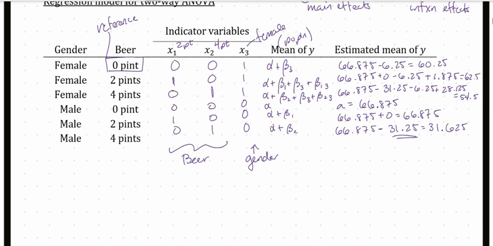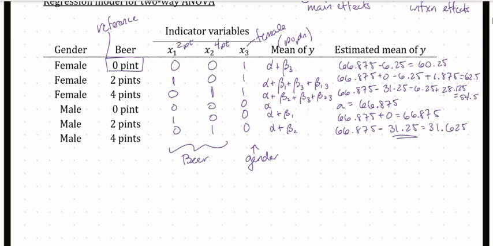So the effect of 4 pints of alcohol versus 0 pints is not the same for females as it is for males. So females are not talking to people as much less attractive when they drink 4 pints versus 0 as males. And that's why this sample mean, 54.5, is so much higher than the sample mean of 31.625 for males, because we have this non-zero interaction effect.